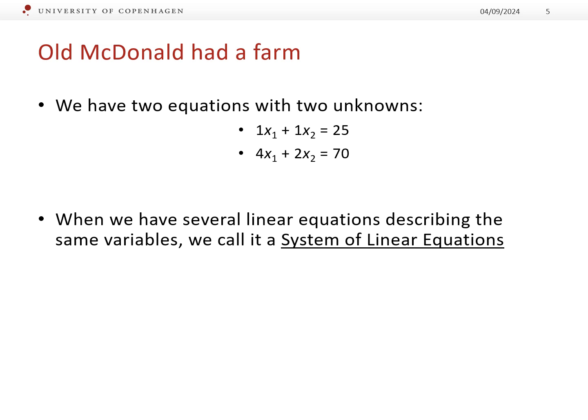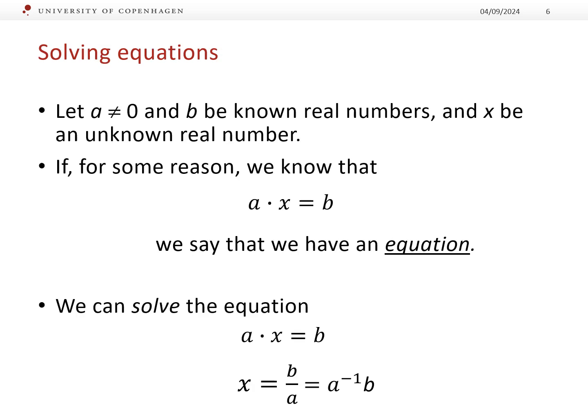That's all nice and well as far as we wanted to use equations to describe a problem, but I mentioned earlier that algebra was a framework for solving problems. So how do we go about solving equations and consequently solving our Old MacDonald problem? This is probably something you'll remember from school, but let A be different from 0 and B be known real numbers, so both of them are known real numbers, and A is different from 0, and X is an unknown real number.